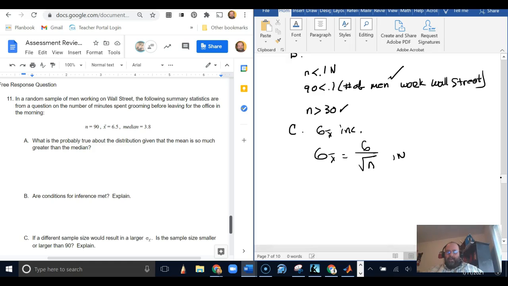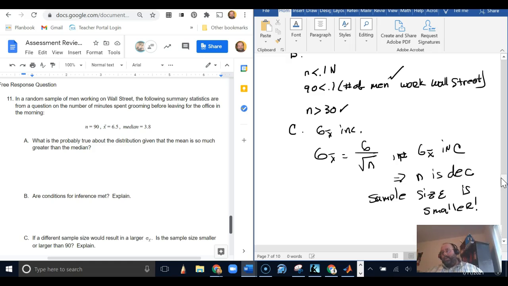So if sigma x bar increases, this would imply that n is decreasing, which means sample size is smaller. Because I'm getting more variability, I should get a smaller sample size.